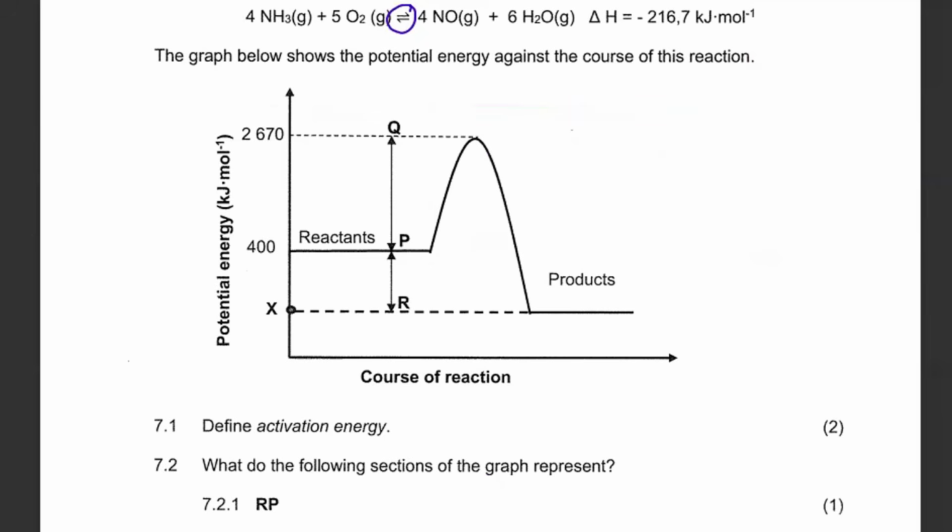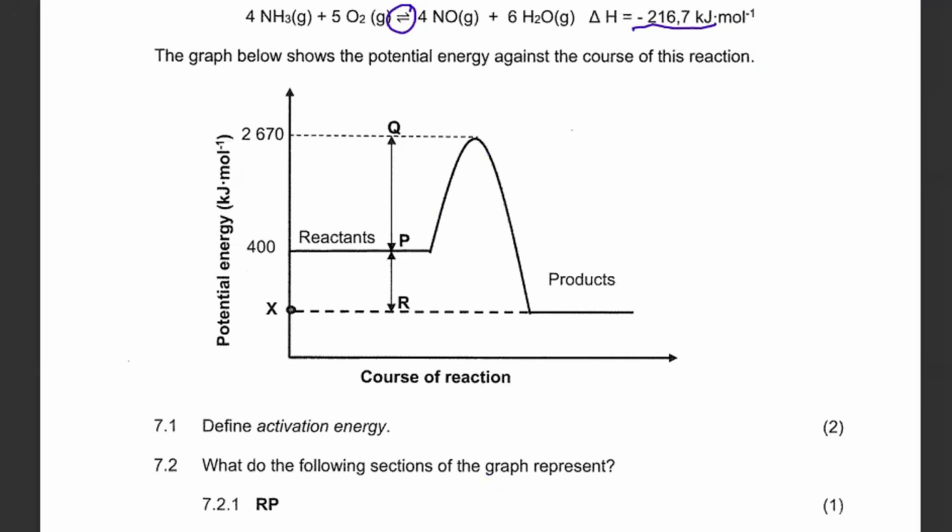Then plus 6H2O gas, to give us a delta H. You see the value there is negative. If it's negative, we need to know whether it is an endothermic or an exothermic type of reaction.